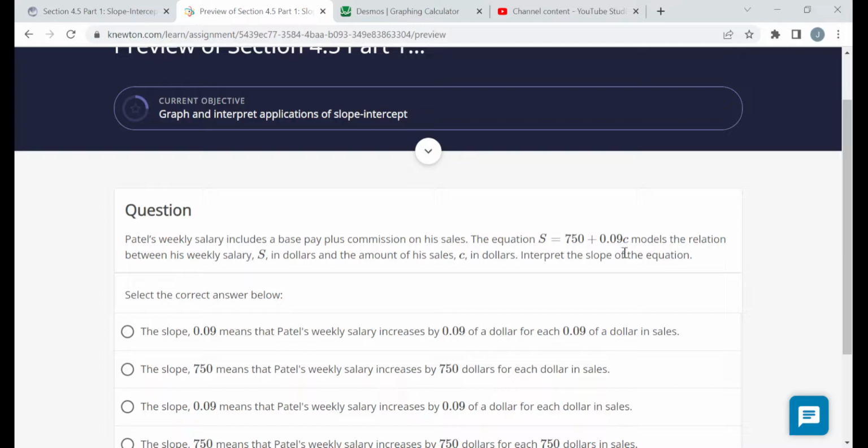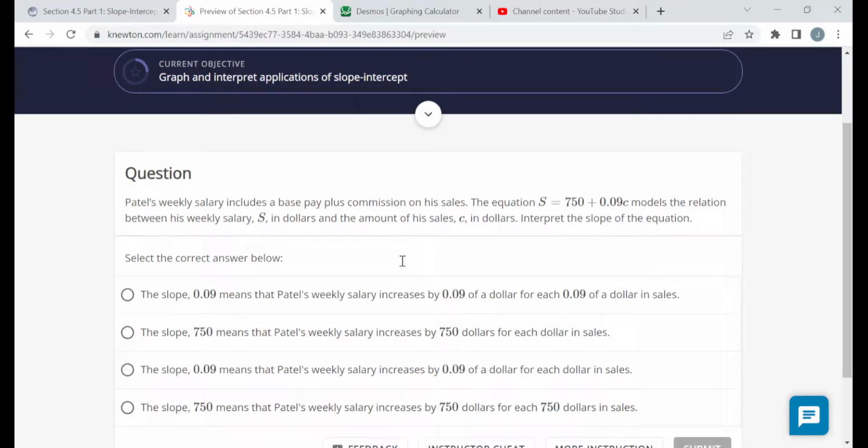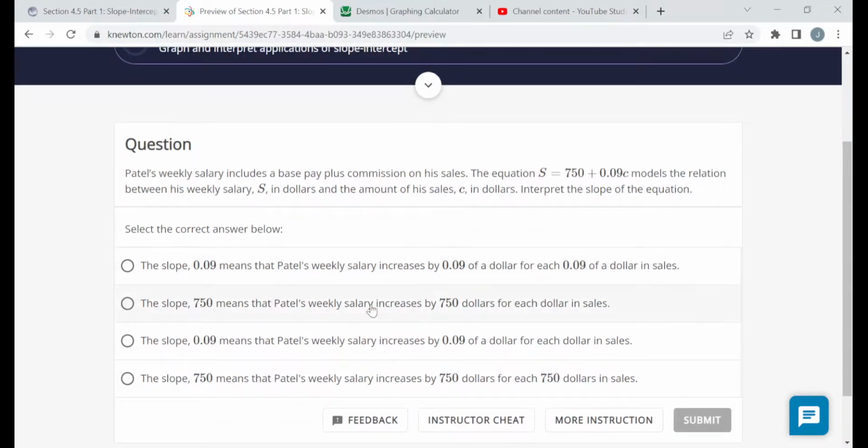And remember, what slope means is if I increase C by 1, his weekly salary will go up by 0.09, will go up by 9 cents. So that's this interpretation here. It means that Patel's weekly salary increases by 0.09 of a dollar for each dollar in sales.